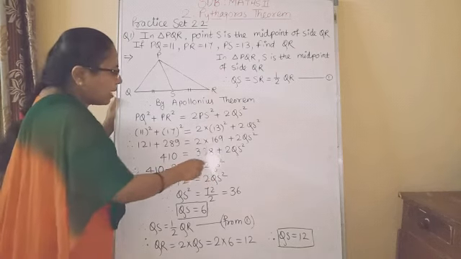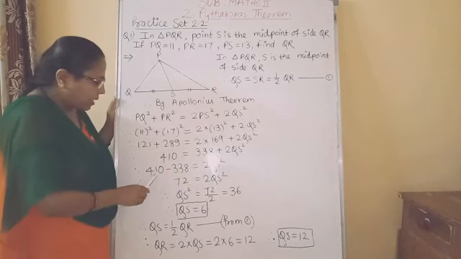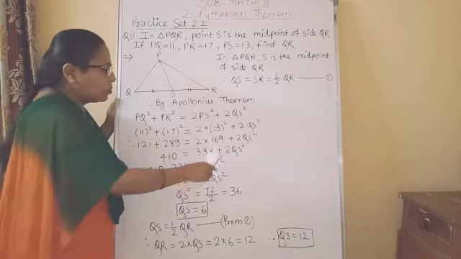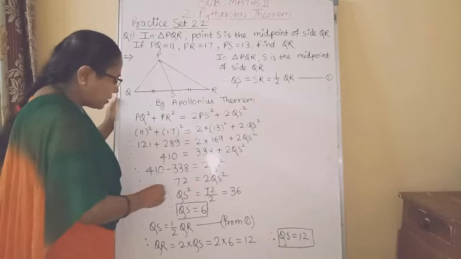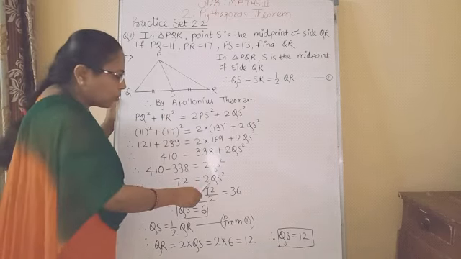Okay. Now this 338 we will take on left hand side. So we will get 410 minus 338 equal to 2QS square. The subtraction is 72 equal to 2QS square.